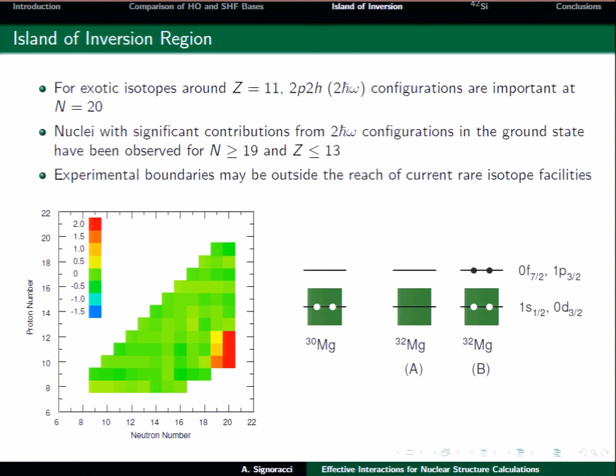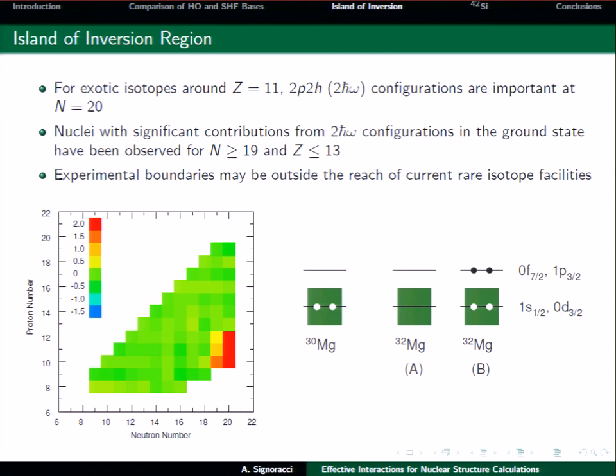So I listed as scenario A, where we occupy these SD orbits and we close the SD shell, or scenario B here, where instead we occupy the higher energy PF orbits and have what's referred to as a two-particle, two-hole structure. And this also has an excitation of 2 h bar omega because we've put two neutrons into the next oscillator shell, which is 1 h bar omega higher in energy.